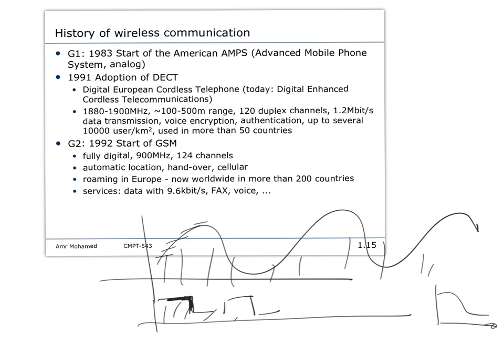In 1991, the European Union, or the European countries, started to talk about the first ever digital standards. And the workaround that they did to get around these challenges is that they used signal approximation.